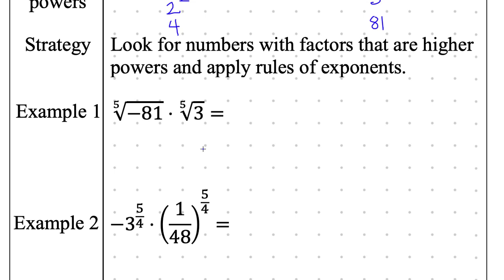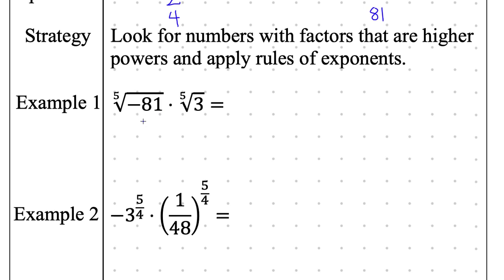All right, so I'm going to do this one with you guys. 81. How can I write that as something to a power? Quiet raised hand. What to what power is 81? I only see 2 hands. These people have participated a ton. We'll give it to Lorea. 3 to the power of 4 is 81.